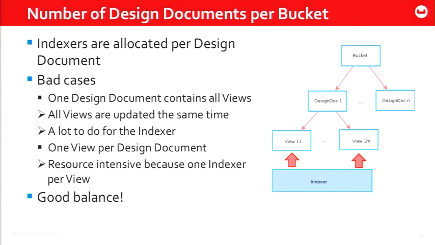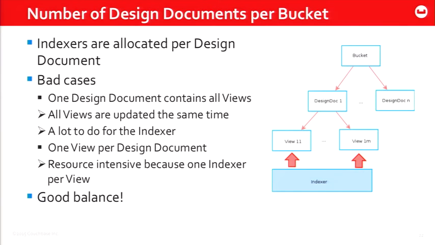And because a file is an exclusive resource, or has exclusive resource access, let's say it this way, the indexers, yeah, those can work on one design document at the same time, exactly one indexer, right? So it's important to understand that if you want to improve view performance, it may make sense to have multiple design documents.